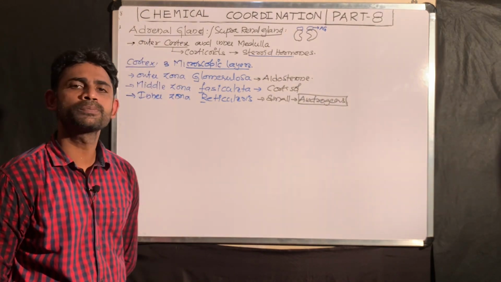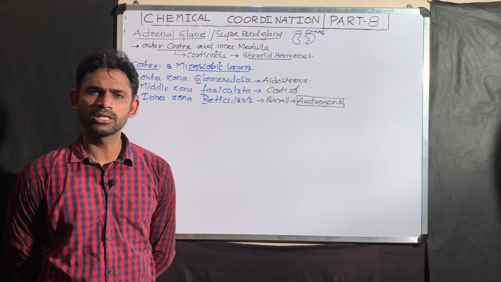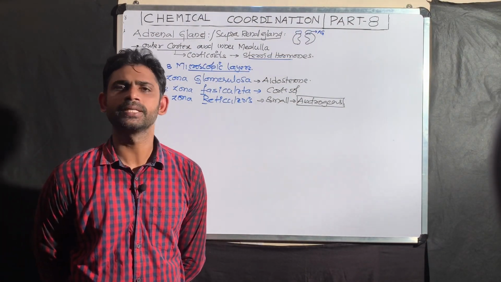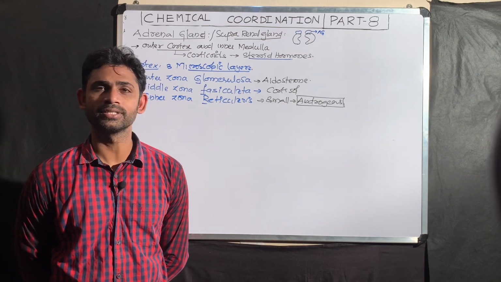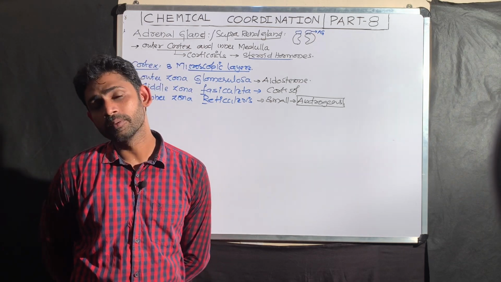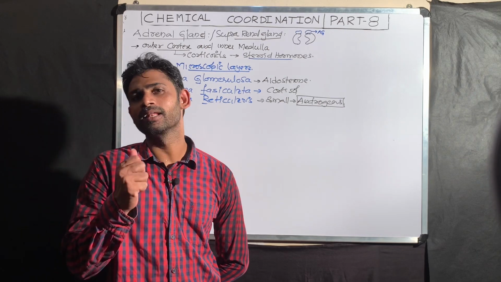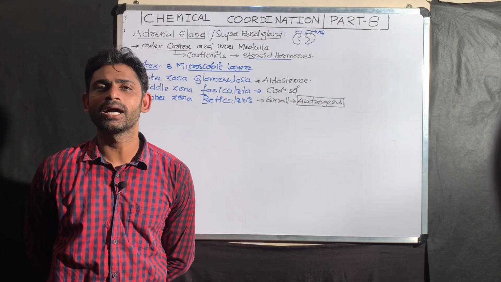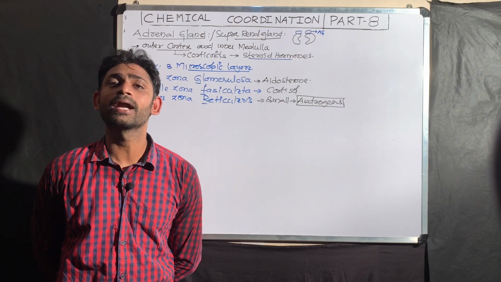Androgens are present in both male and female, but in more amount in the male and less amount in the female. You may ask, sir, how does a female contain a small quantity of androgens?